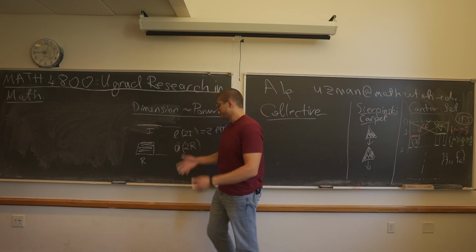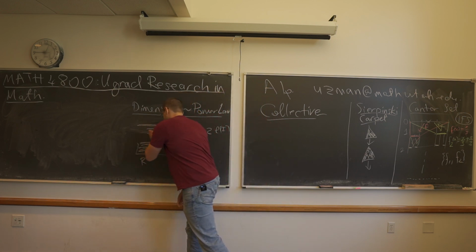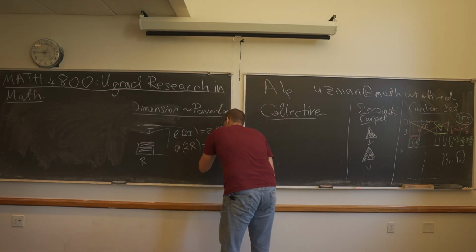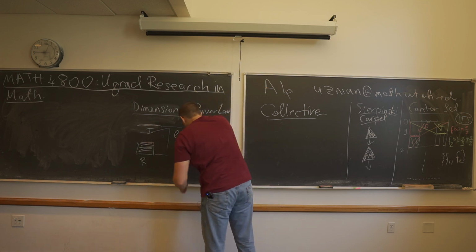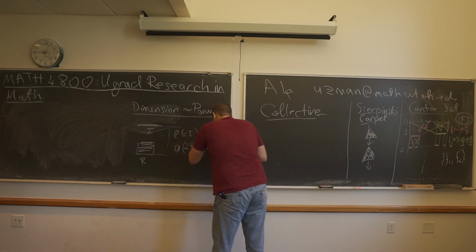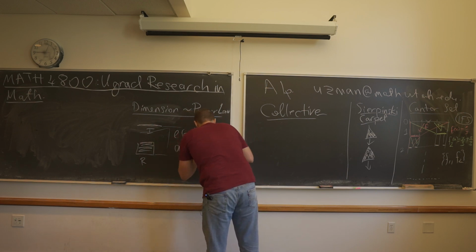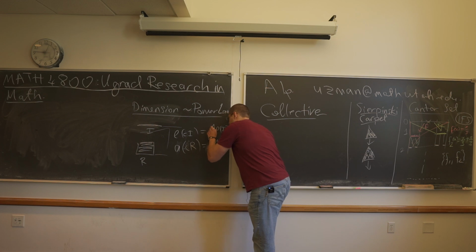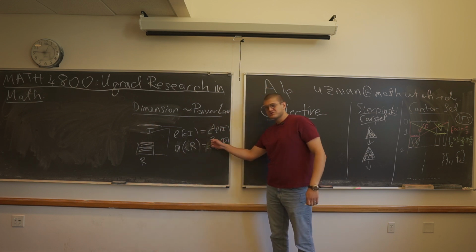In 2 dimensions, it becomes like this, 4. And 4 is really 2 to the 2. And really this is C, this is C, this is C, this is C. And this is C to the 1, of course. And this is the dimension, really.